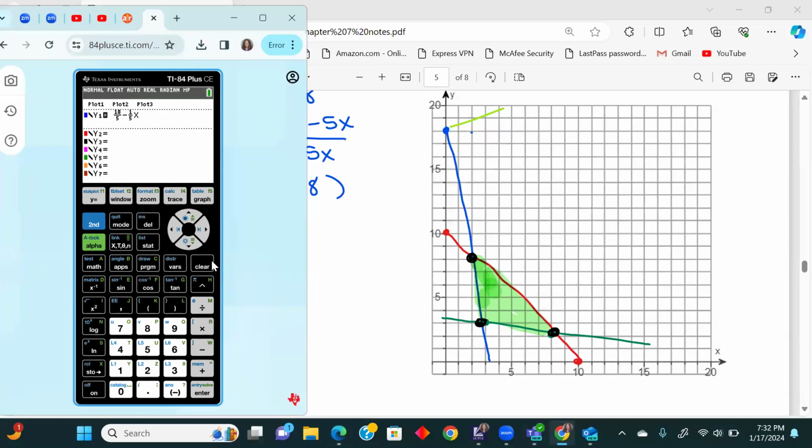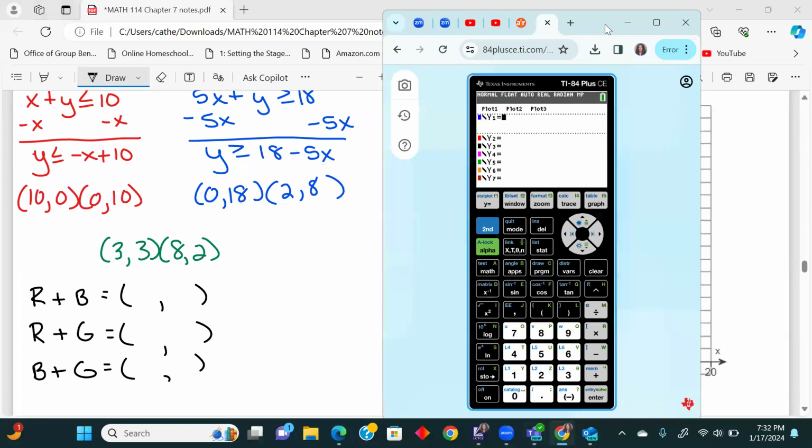Let's clear that out. Let's see, I wanted red and the blue first. So negative x plus 10. And then 18 minus 5x.